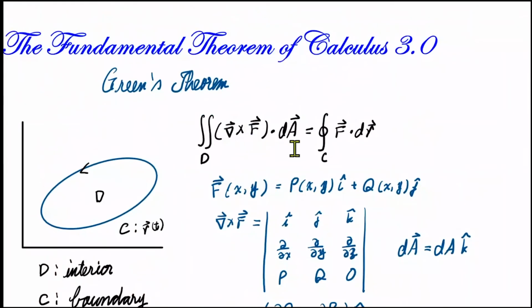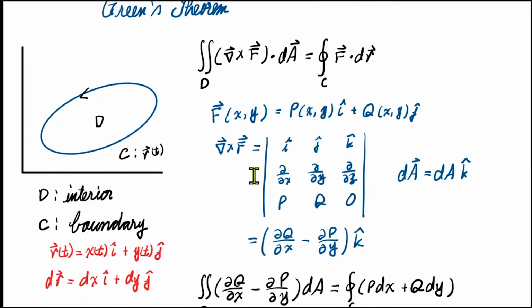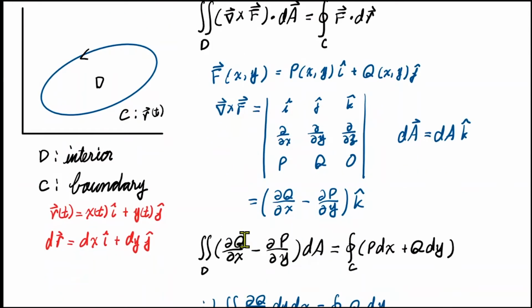You have to take a curl of this, the cross product of this thing, P and Q. So mainly derivative with respect to Q and derivative with respect to P. And then we can convert it into a double integral.